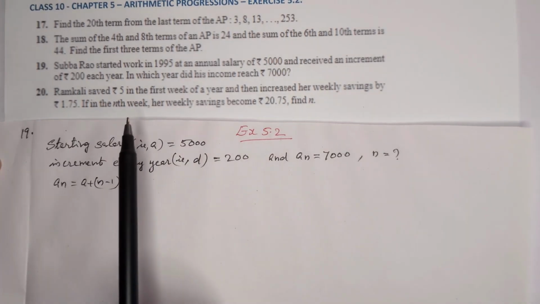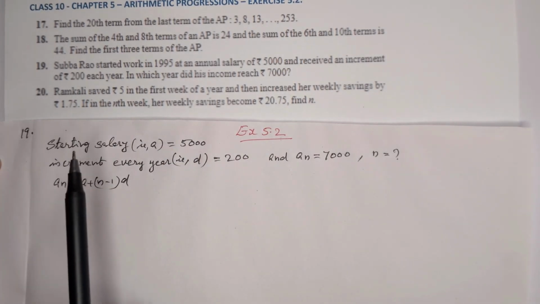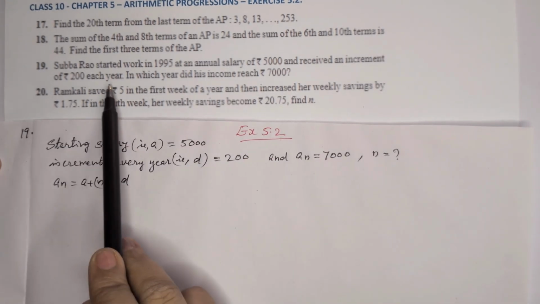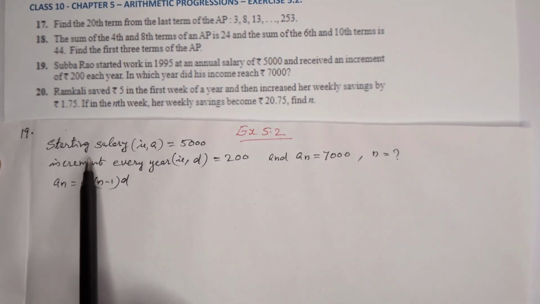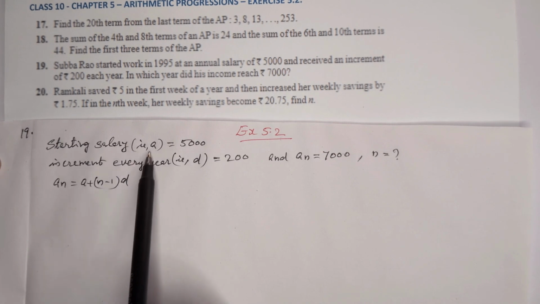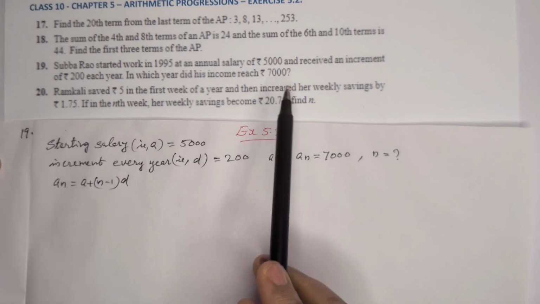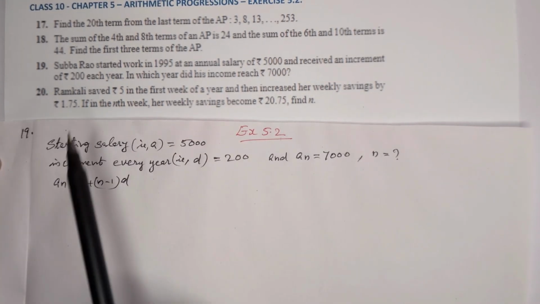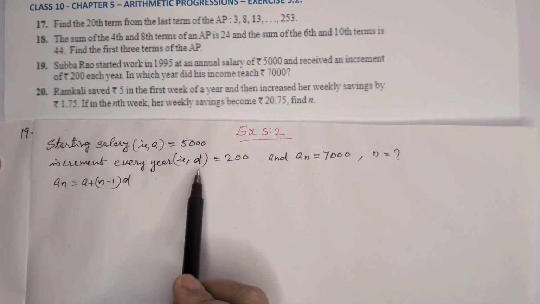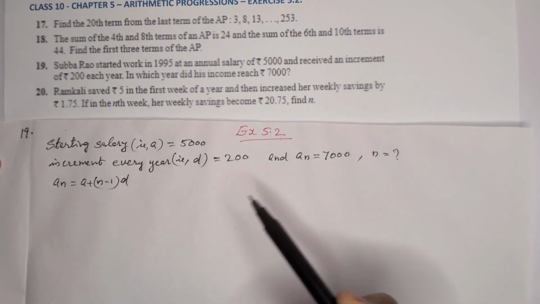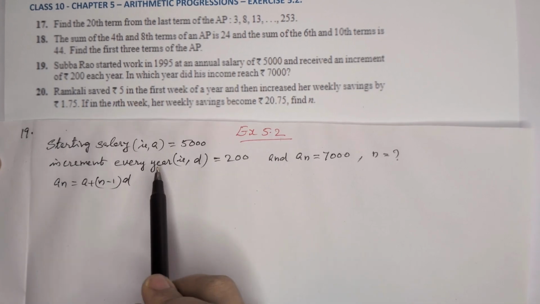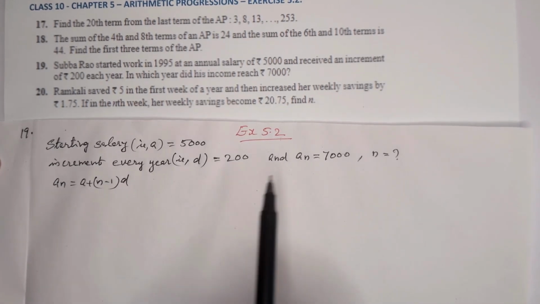Question number 19. Shubha Rao started work in 1995 at an annual salary of rupees 5,000, and received an increment of 200 rupees each year. The starting salary we can take as a, the first term, 5,000, and the yearly increment of 200 rupees is the common difference d.